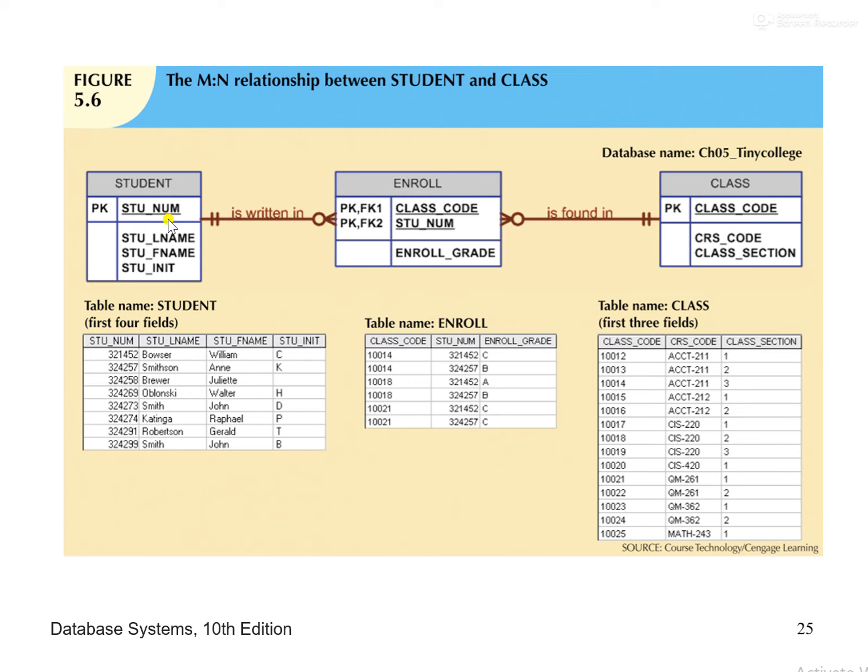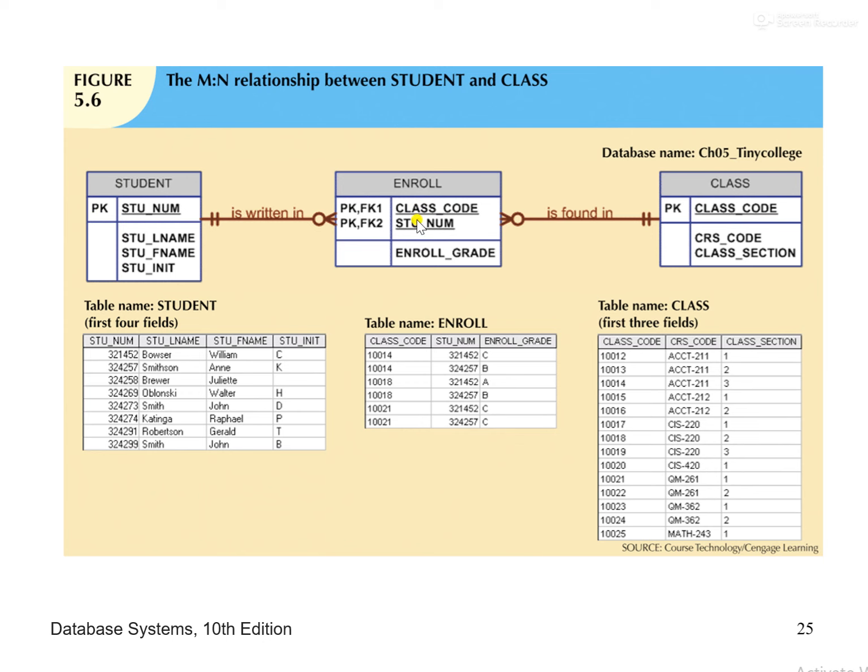Okay, here we have an example of a many to many relationship between student and class. So we implement this many to many relationship between student and class by adding a new entity, enroll, over here, and enroll is in a one to many relationship with student and class.